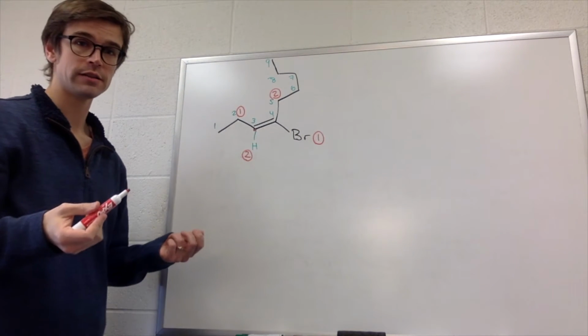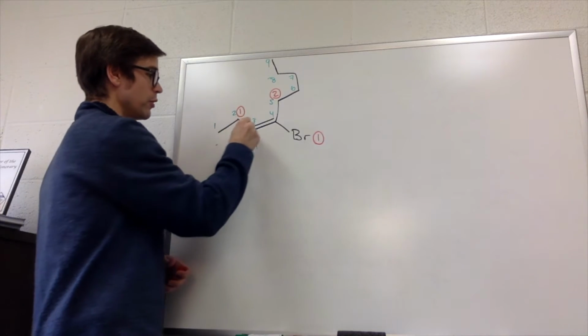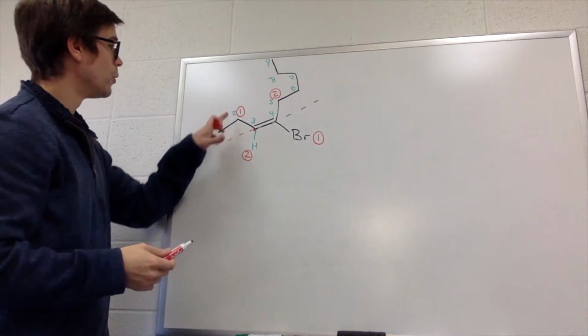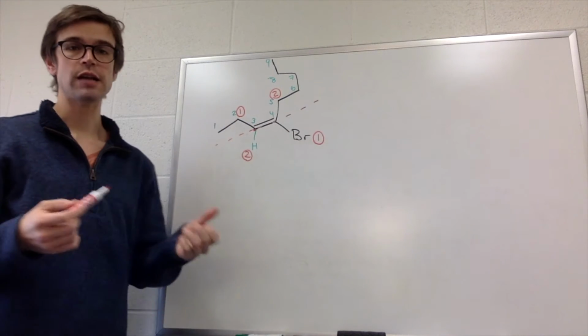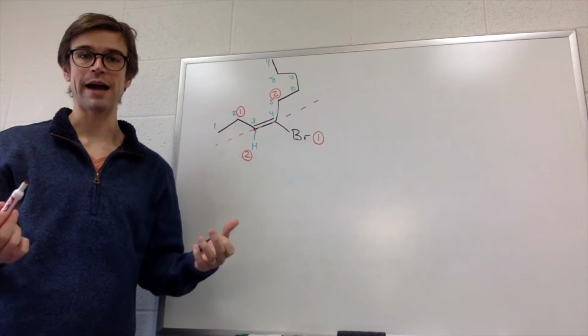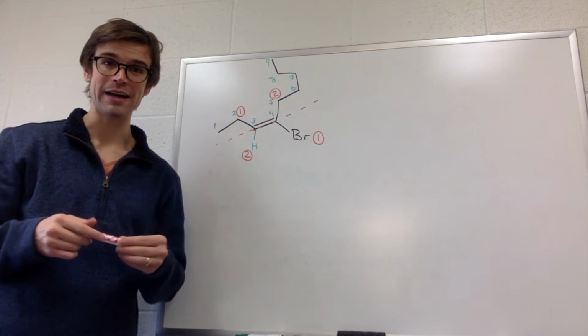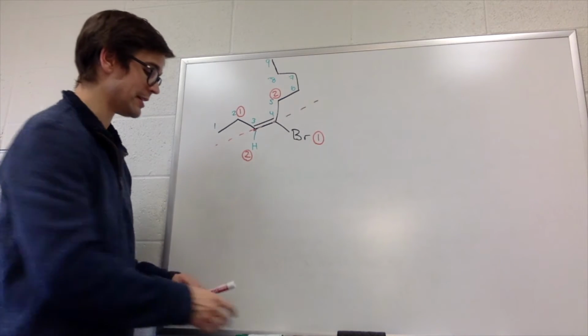What do we do next? Hopefully you already did it, but you would draw a line through your alkene. We note that the top priorities are on the opposite sides of our line. So it's not on the same side, it's on the opposite side.